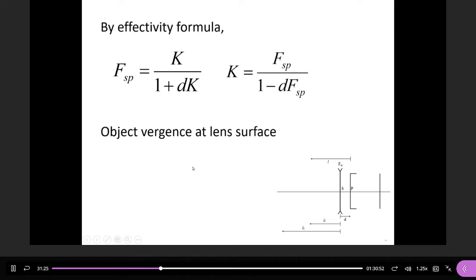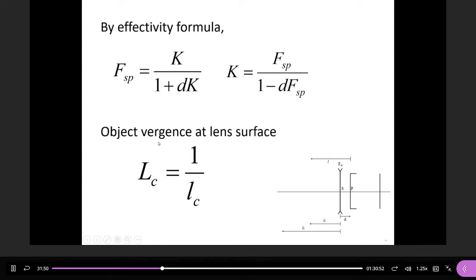The second part is that now I present the same figures here, and the first thing you need to determine is the object's vergence at the lens surface. Remember, the object is positioned at LC, not LC pi, LC in front of the spectacle lens.